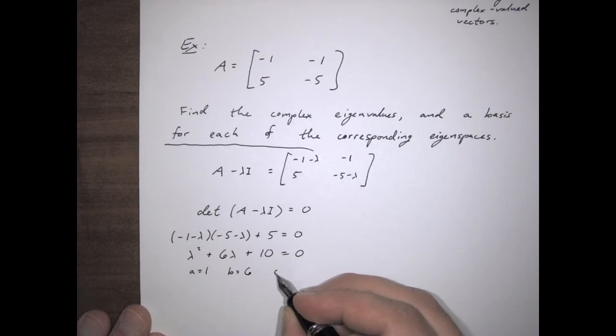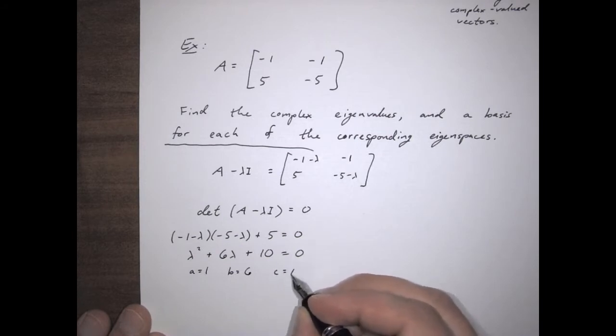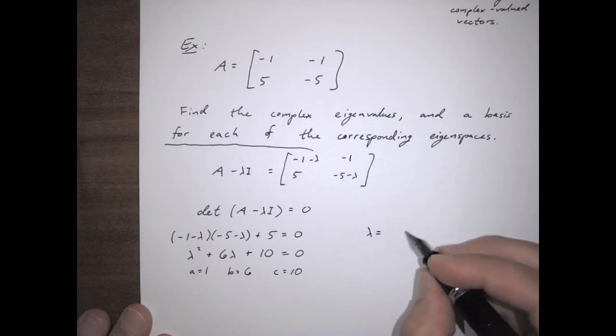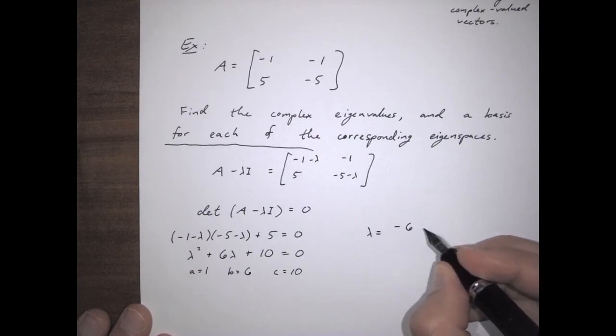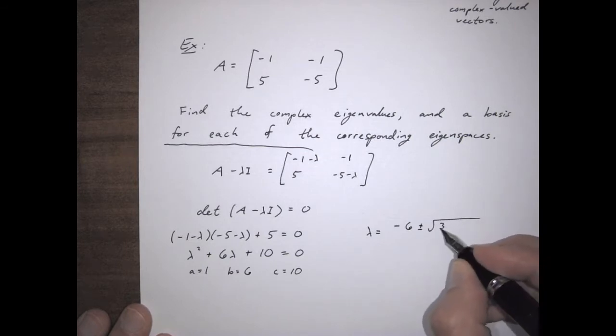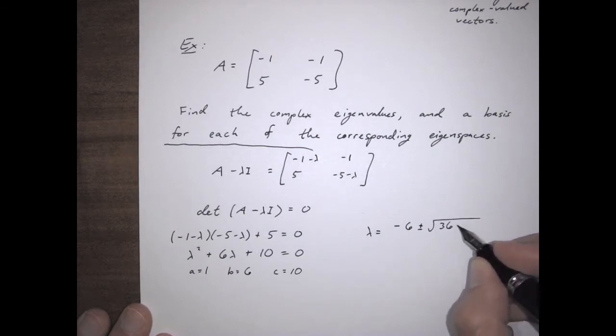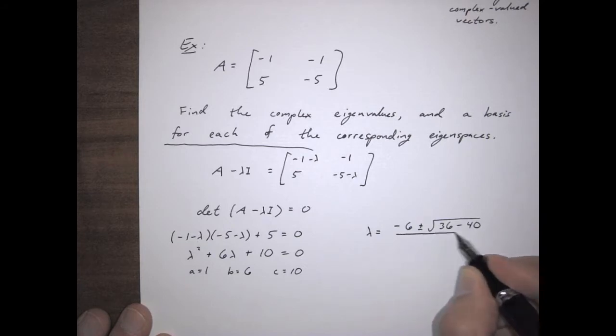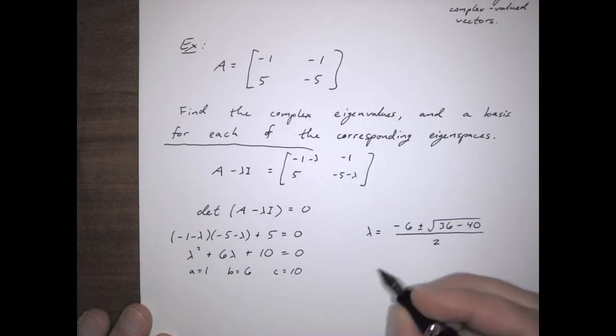we can always just go to our old reliable quadratic formula, and that's going to give us then lambda is equal to negative b, which is negative 6, plus or minus the square root of b squared minus 4ac, divided by 2a.